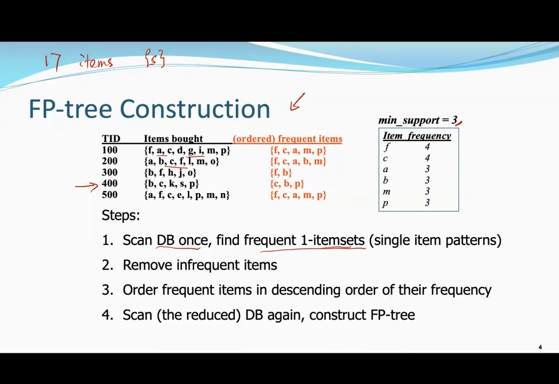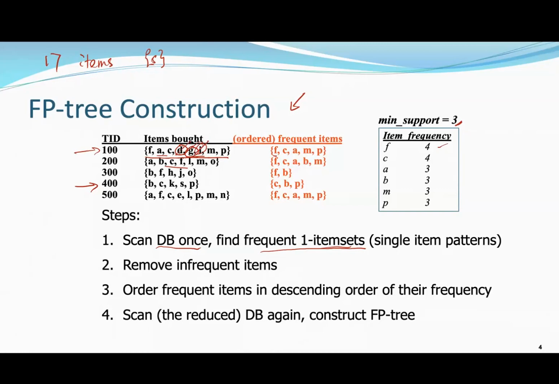So for example, for the first transaction, which includes F, A, C, D, G, I, and P, well, F is frequent, so we keep it, right? A and C are also frequent, but D is not frequent. G is not frequent, so these 2 are discarded, right? I is not frequent either, so it is discarded as well.